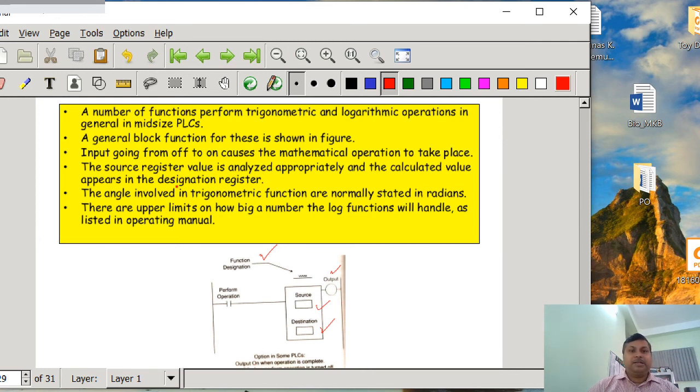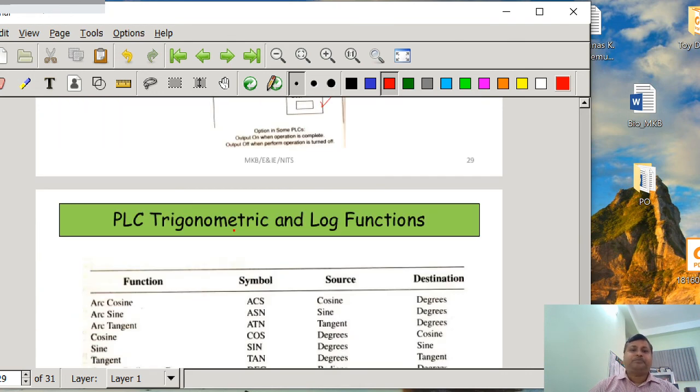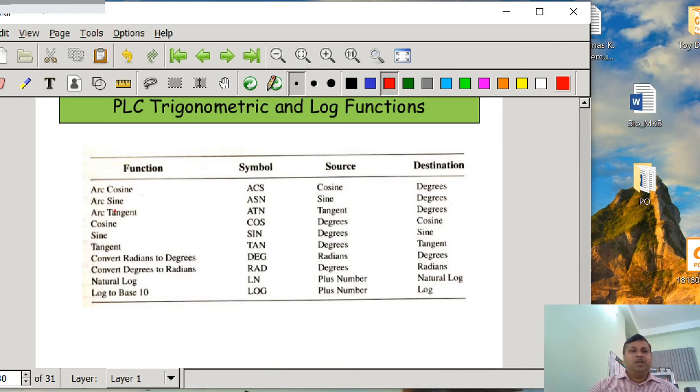The source register's value is analyzed appropriately and the calculated value appears in the destination register. The angles involved in trigonometric functions are normally stored in radians, and there are upper limits on how big a number the log functions will handle, as listed in the operating manual.